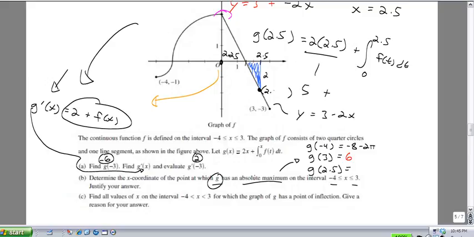So that's 2.5, comma, 3 minus 2 times 2.5 is 3 minus 5, so that's negative 2. So that blue triangle is definitely 1 by 2. So 1 times 2 is 2, cut that in half is 1. So that blue triangle's got an area of negative 1.